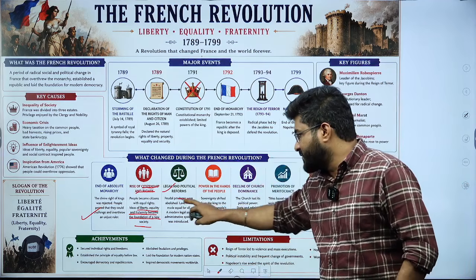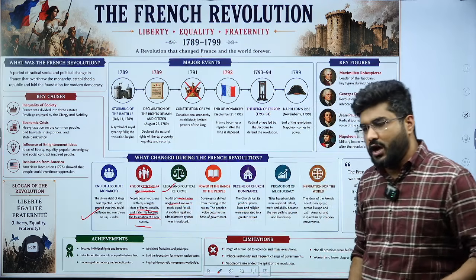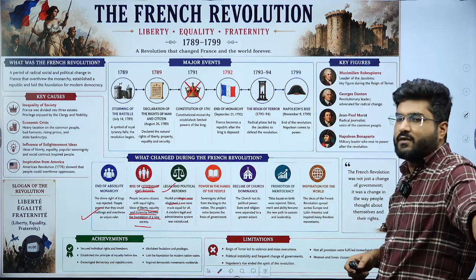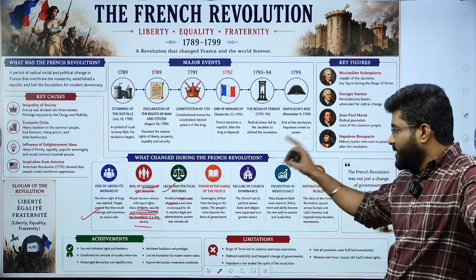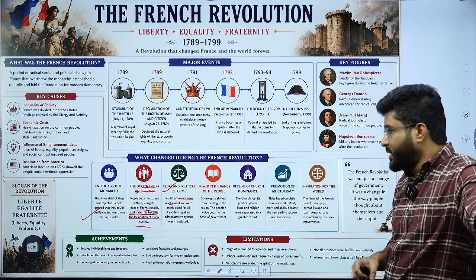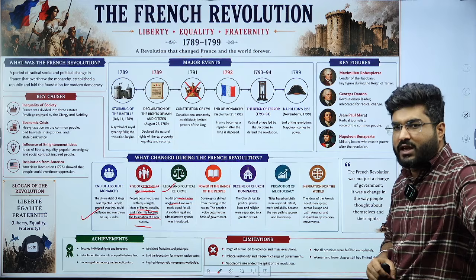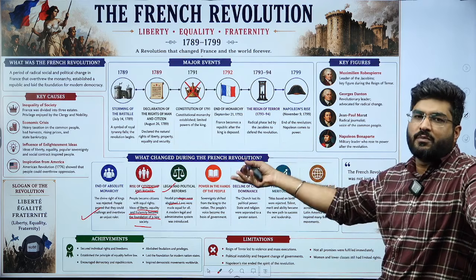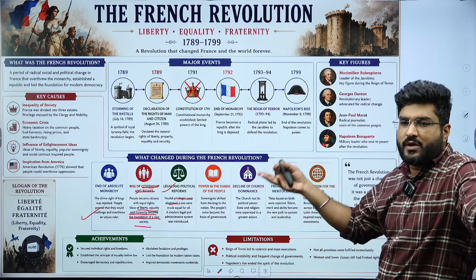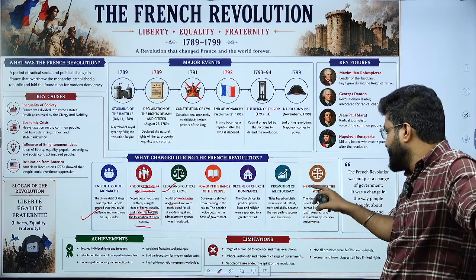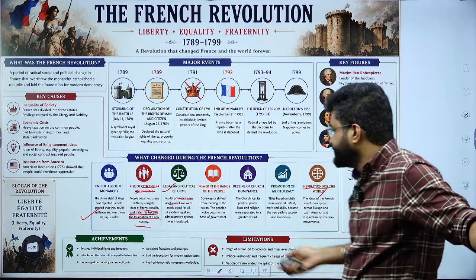The feudal privileges were abolished, laws were made equal for all, a modern legal and administrative system was introduced. Then power in the hands of people, decline of church dominance, promotion of meritocracy, that the selection should not be on the basis of caste, selection should be on the basis of merit. Inspiration for the world. Okay.